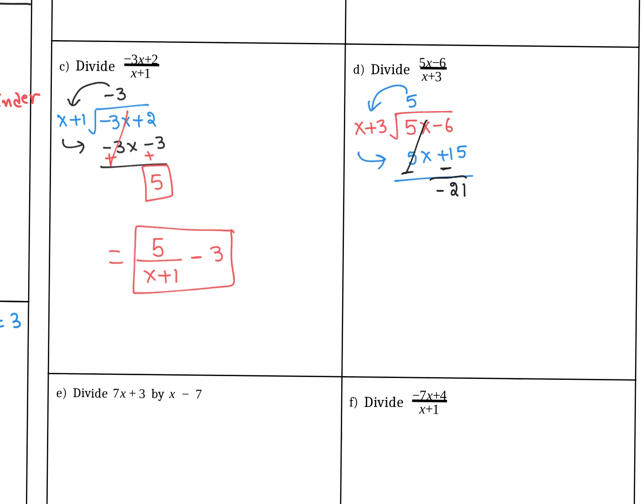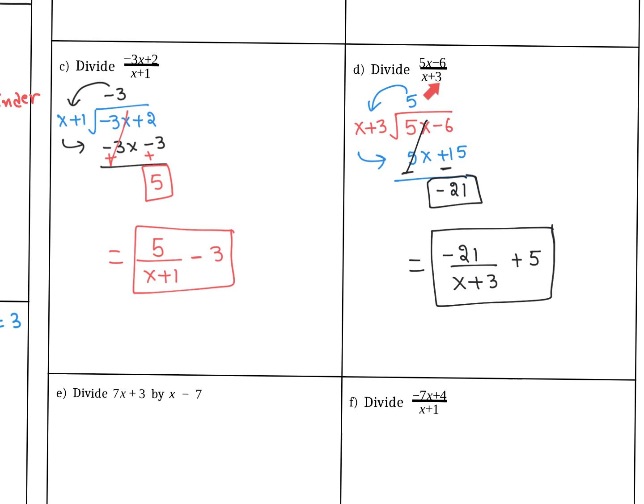Negative 21 is your remainder. So your answer is negative 21 divided by x plus 3 plus quotient, and that's equal to what you're dividing: 5x minus 6 divided by x plus 3 is negative 21 over x plus 3 plus 5.